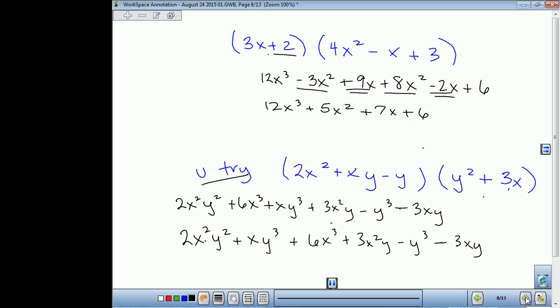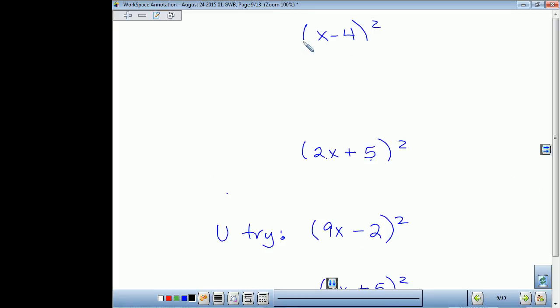Okay, any questions about multipliers? All right, we're going to look at a shortcut real quick. It's when we have a binomial raised to the 2nd power. Squaring a binomial. Well, x minus 4 squared means x minus 4 times x minus 4, doesn't it? So if I were to multiply this through, I get x squared minus 4x plus 16.